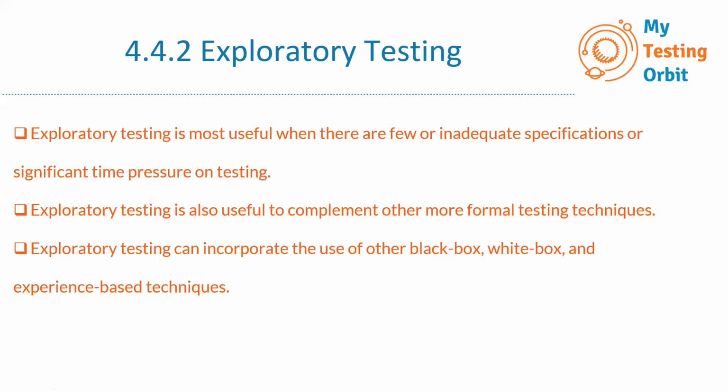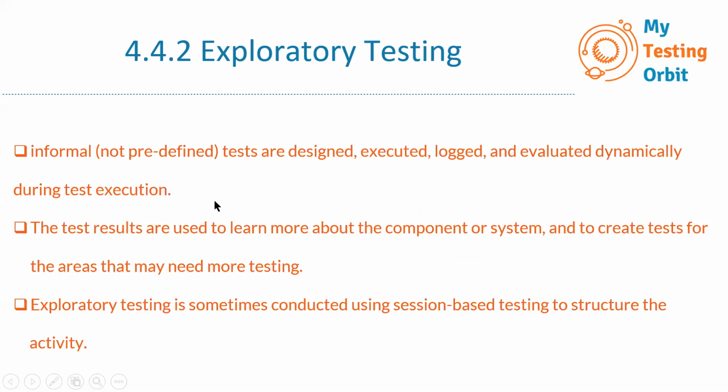For example, if we are doing black box testing and we have all the predefined test cases, and we have executed all the test cases, and then we have different test results. So as we read over here, in exploratory testing, the test results are used to learn more about the component or system.